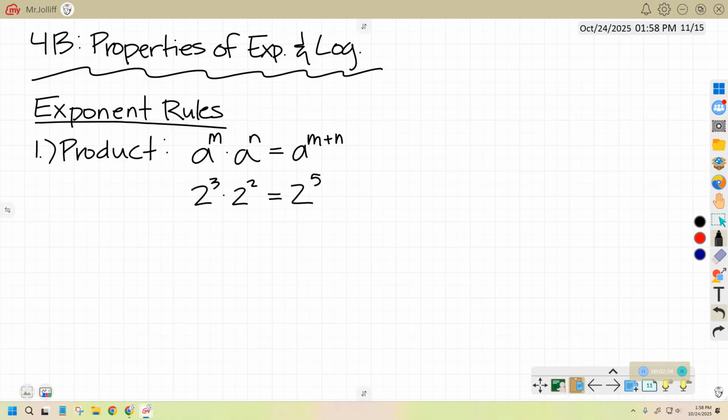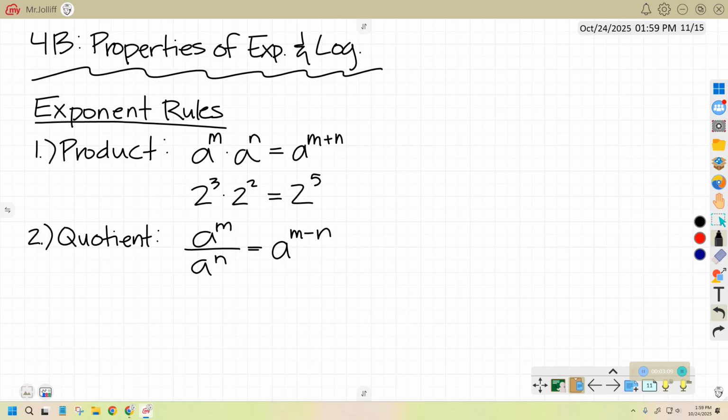Very good. Next one is related. It is the quotient rule. So I have two exponentials with the same base, and I am dividing. What happens in that case? So multiplication went with addition. What do we think division goes with? Subtraction. Good. Those operations are related. And it's top minus bottom. So m minus n.